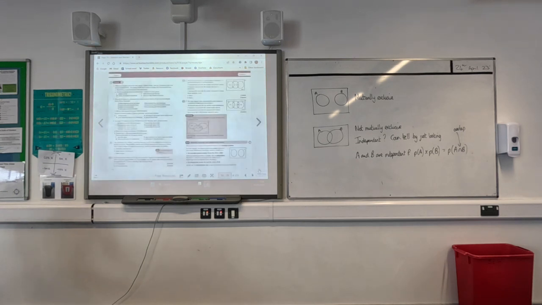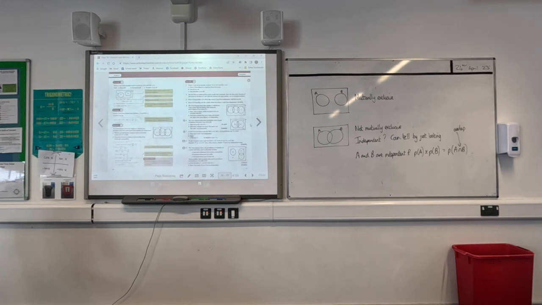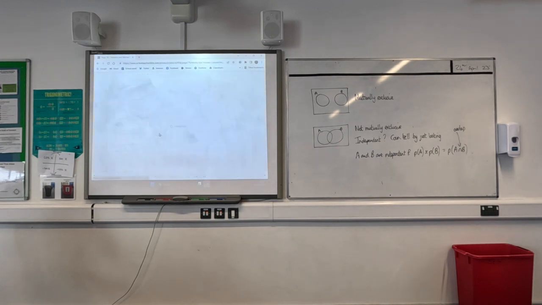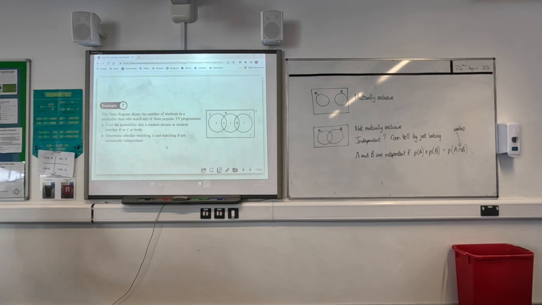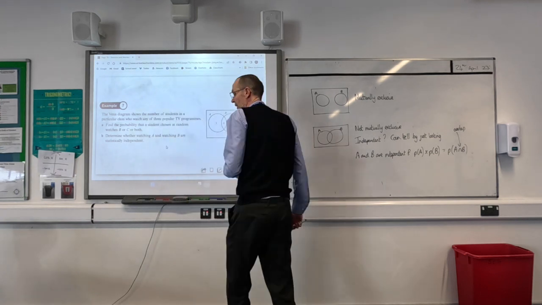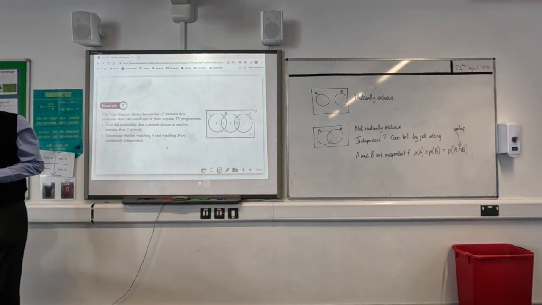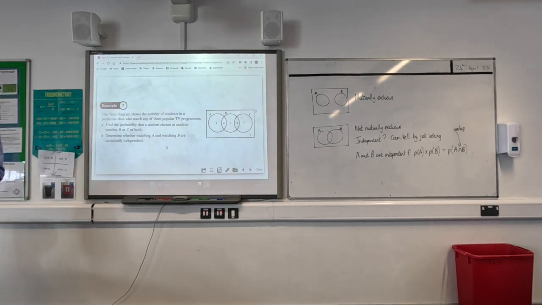So let's look at two examples, one where we get a tree diagram with numbers, and one where we get a tree diagram with probability. So here we are on, for those at home, page 76, example 7.